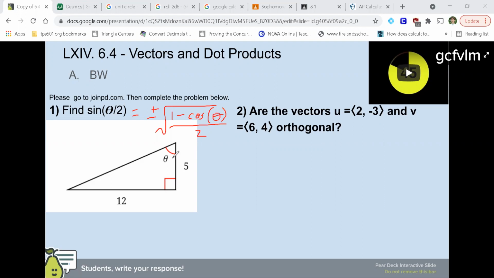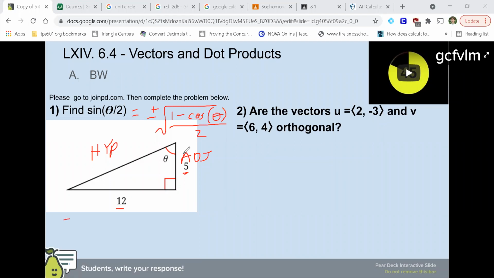To find cosine, we would do adjacent over hypotenuse, right? Uh-oh, it doesn't tell me what the hypotenuse is. How can I find the hypotenuse though? Yeah, put these two numbers, 5 and 12, and I need the hypotenuse.